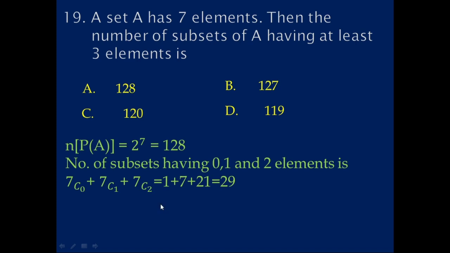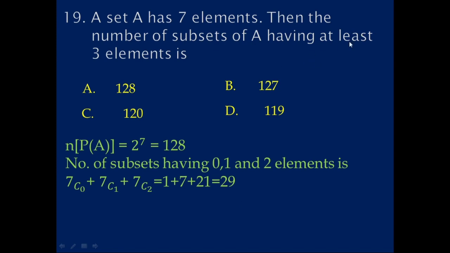Its value: 7C0 is 1, 7C1 is equal to 7 and 7C2 is 21. Therefore, the total number of subsets containing at most 2 elements, that is 0, 1 and 2, is equal to 29.